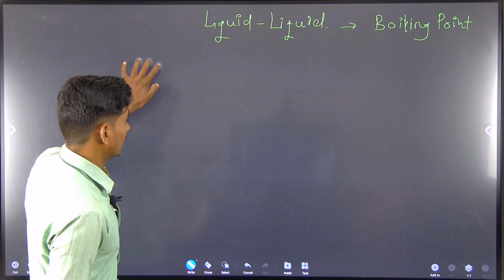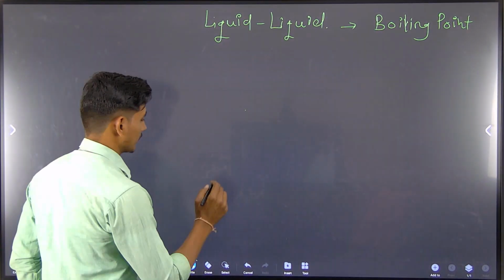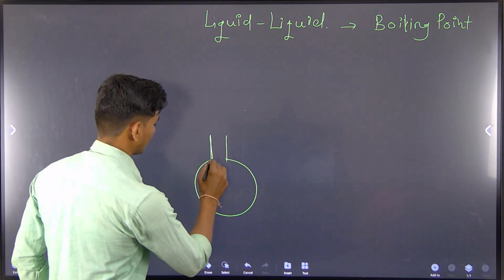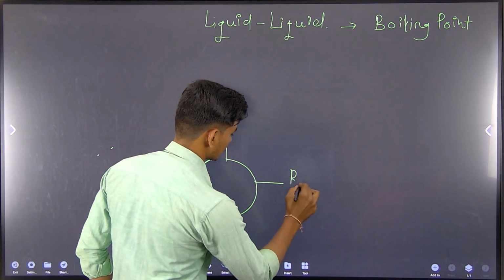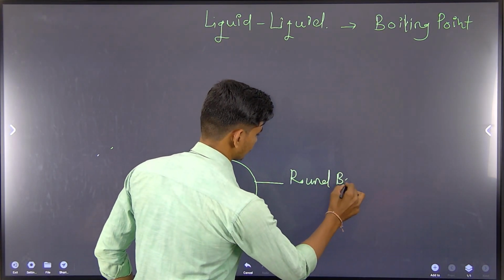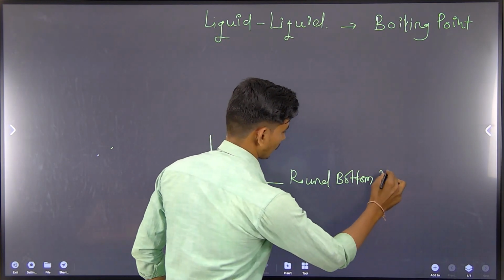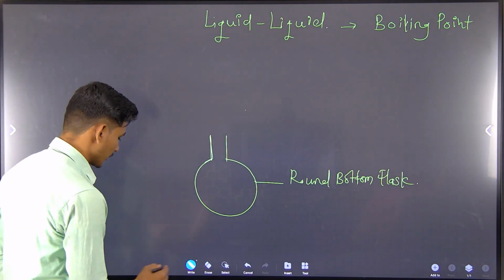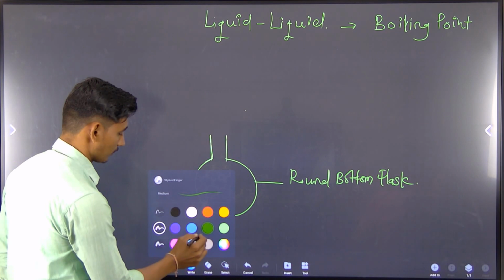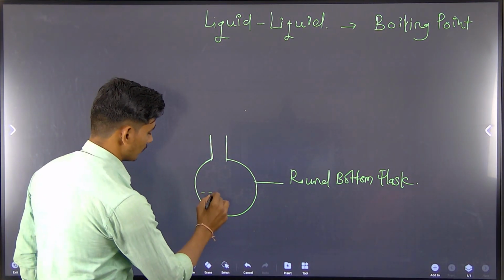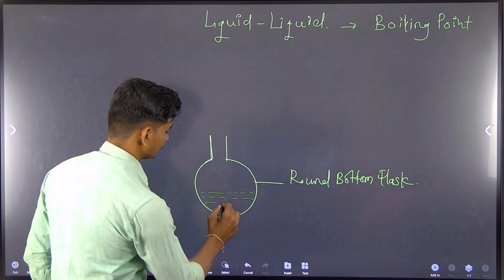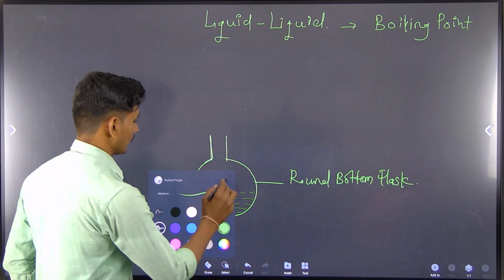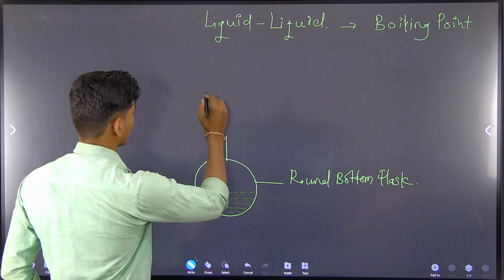I will draw a diagram of the distillation assembly. You can see here, in this distillation assembly, the RB is nothing but a round bottom flask. In this round bottom flask, we take the two liquid components, the binary mixture of two different liquids. After that, we attach this RB with the Hickman head.